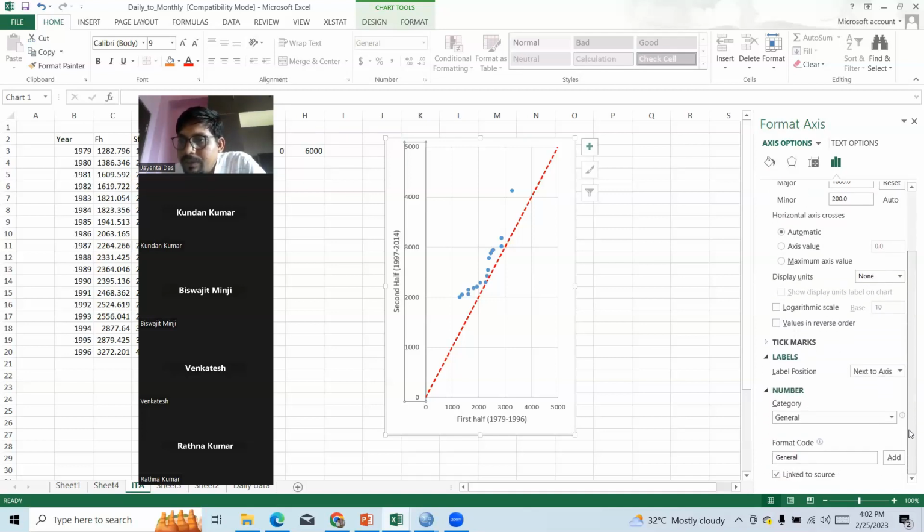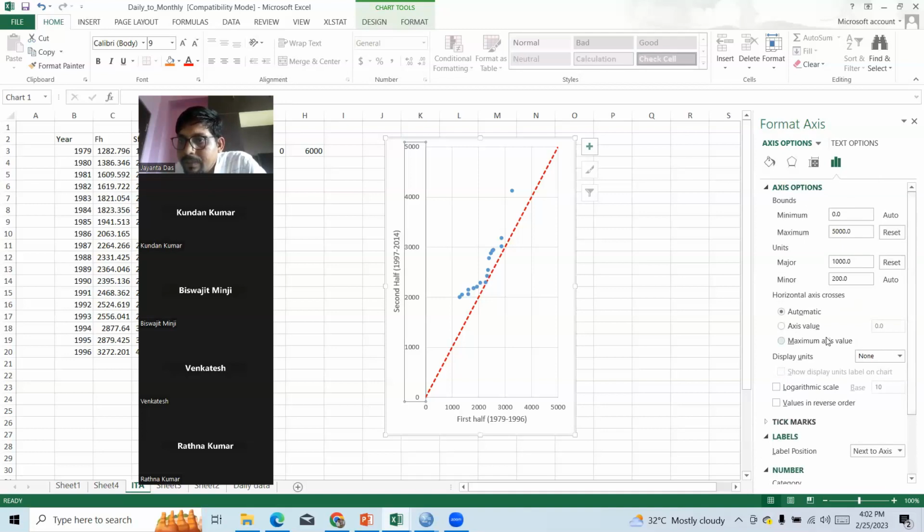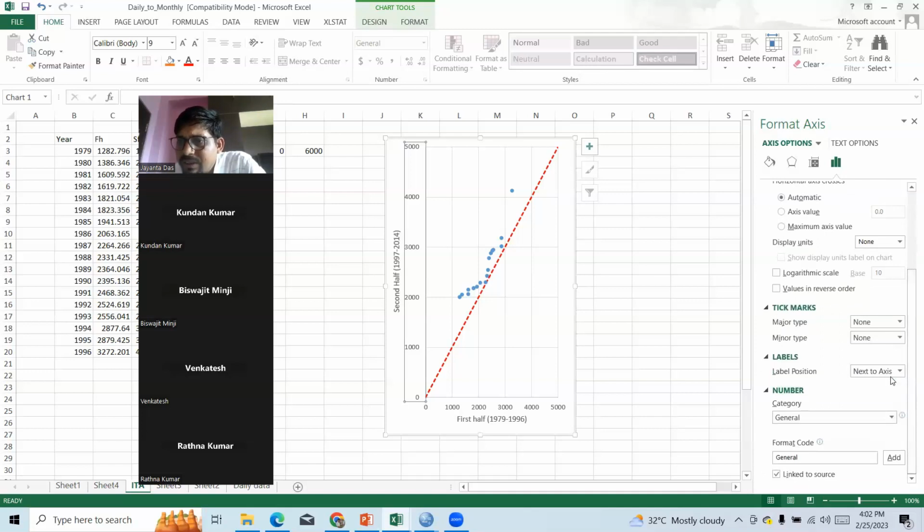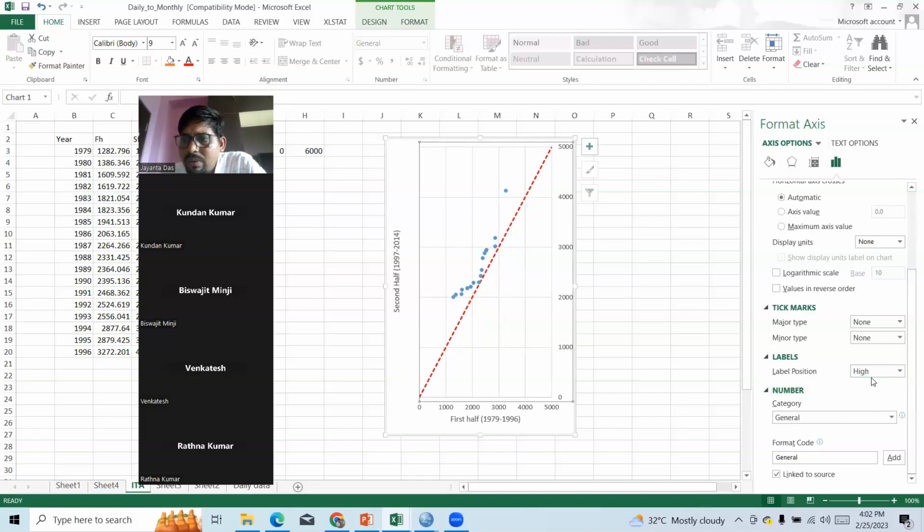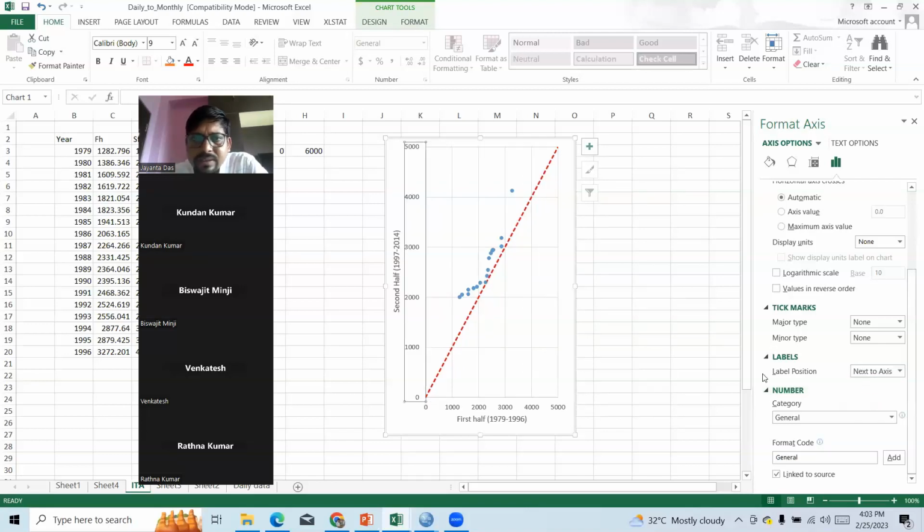Then find one option: horizontal axis across. No, they don't have the option. Level orientation, level position, I know, next to axis.